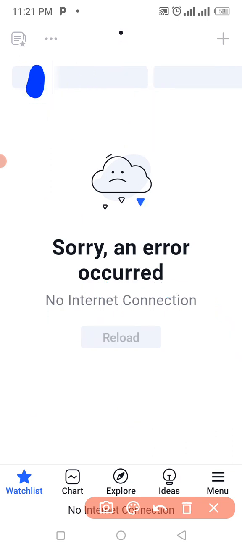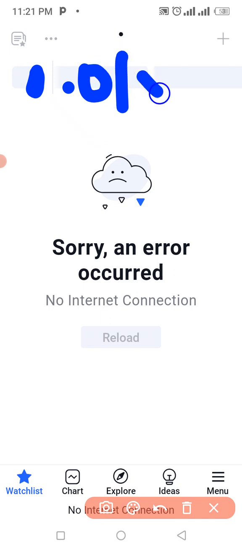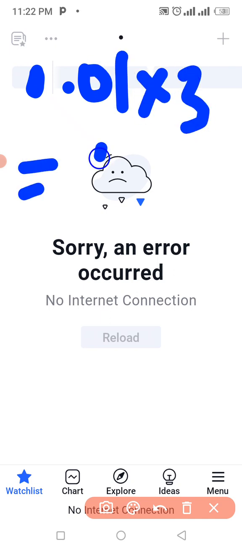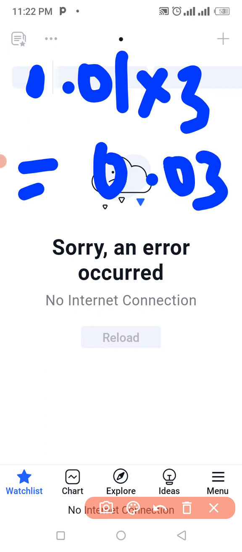So 0.01 times 3 gives us 0.03. This is what it means.